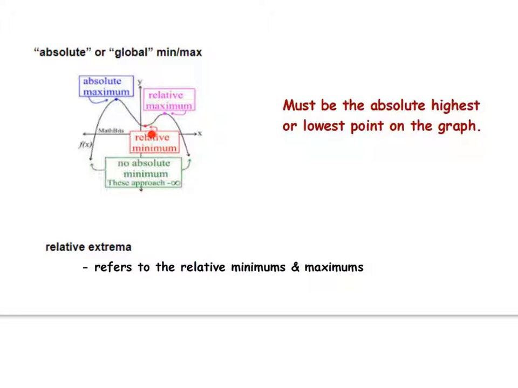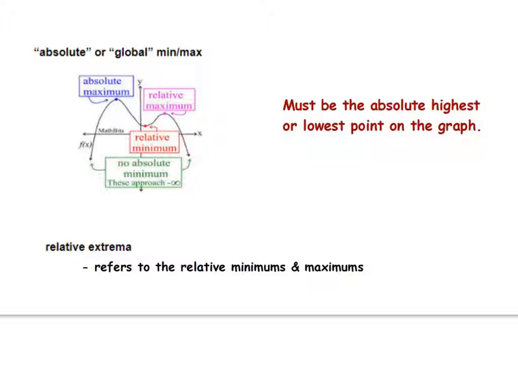Now at this bottom point here, this is just a relative minimum because it's not the absolute lowest point. The lowest points on the graph are actually way down here, and they continue going down. So this is just a relative minimum. It's not an absolute or global minimum.